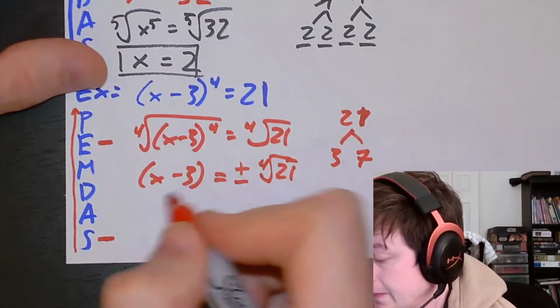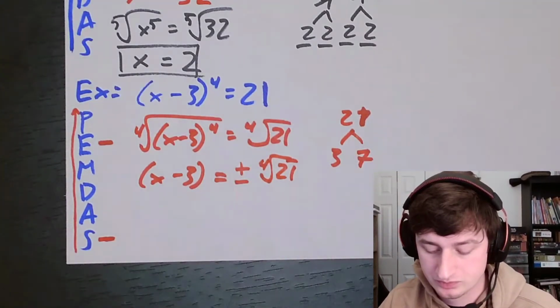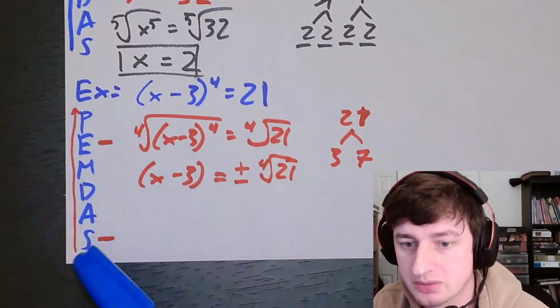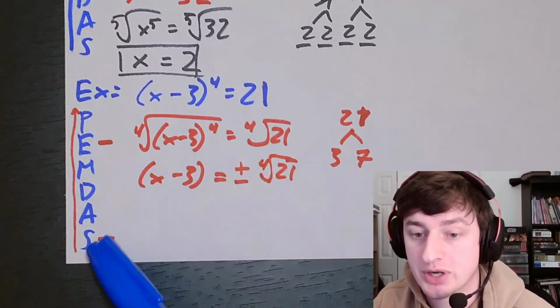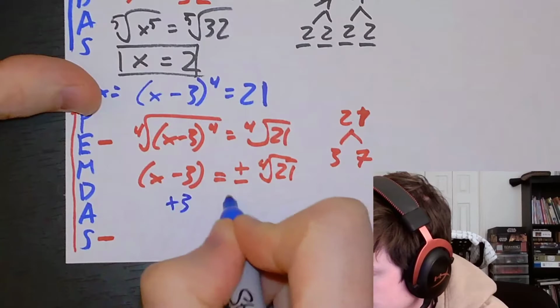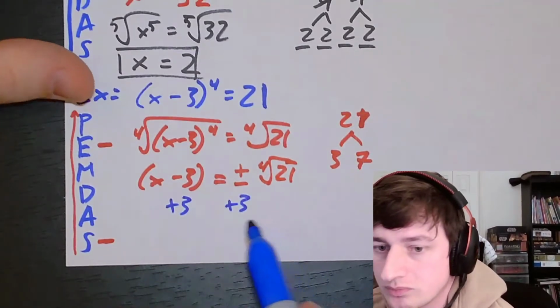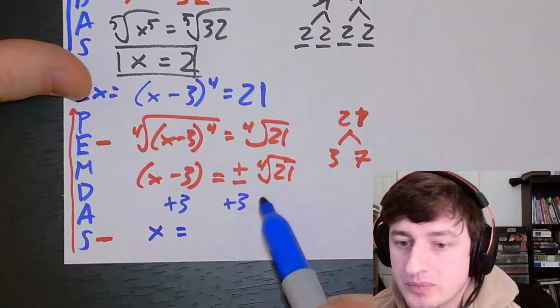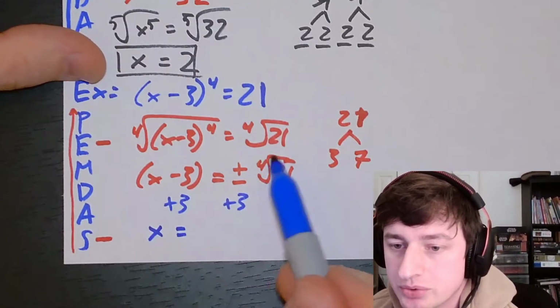So then, now, we start over our order of operations. We go back to the bottom, and we say, oh, okay, now I have subtraction, and we need to do the inverse of that. So there's a 3 here. I'm going to add 3 to both sides. And so x is going to equal... Now, this 3 does not have a root.